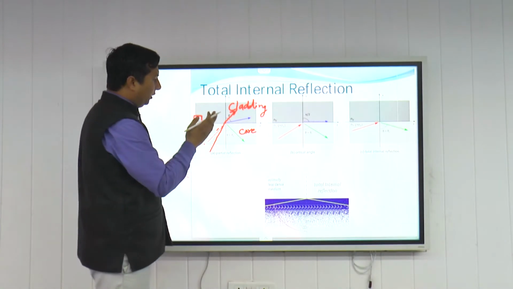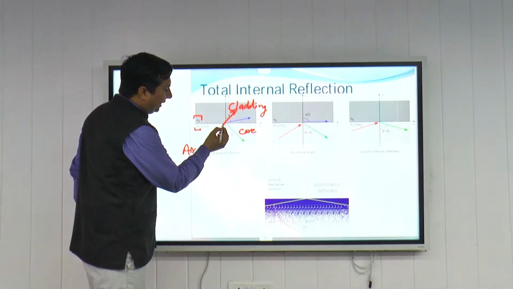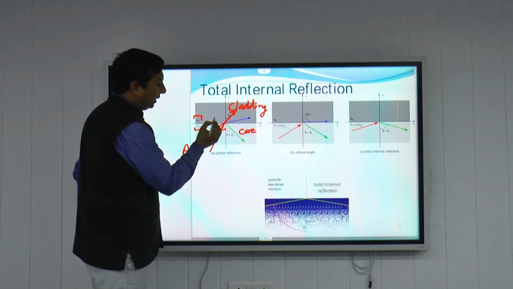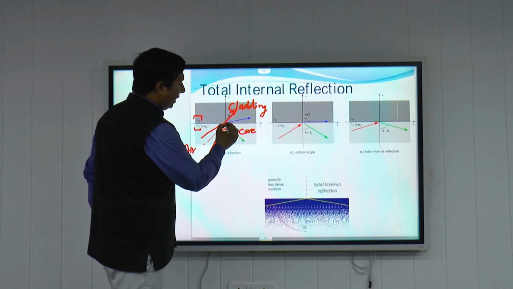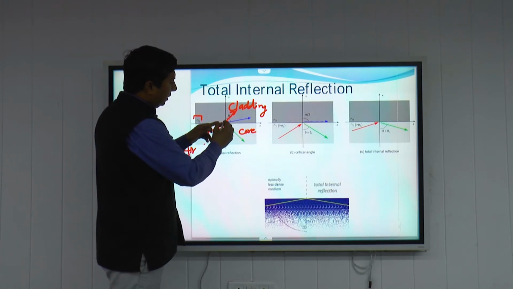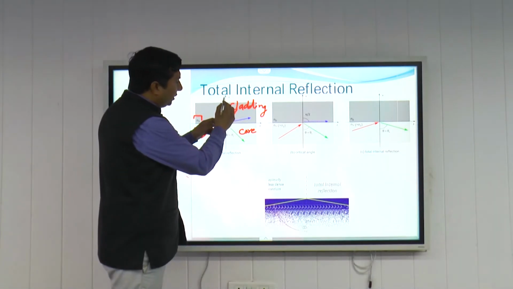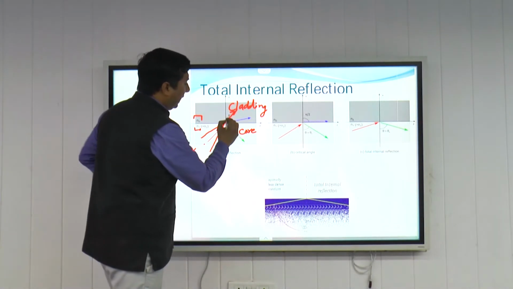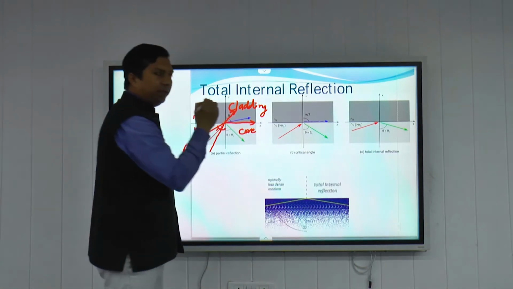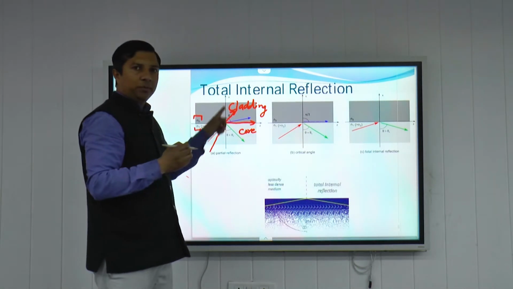Now next, if we further increase this angle, then there will be a point when this light ray will move further away from the normal and it will make a 90-degree angle with the normal.